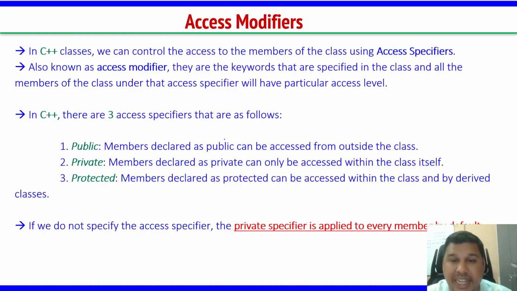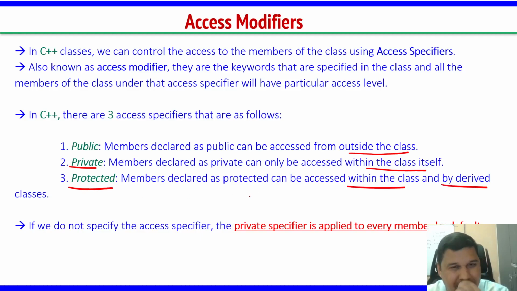Members declared as public can be accessed outside the class, inside main or somewhere else. Members declared as private can be accessed only within the class, and members declared as protected can be accessed within the class and by derived classes. Some classes we derive, as we will see. By default, if nothing is mentioned, the default access specifier will be private. Remember this is an important point.